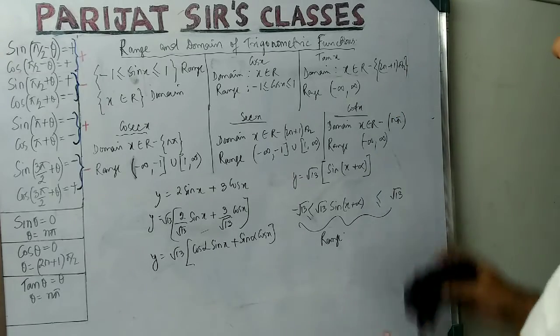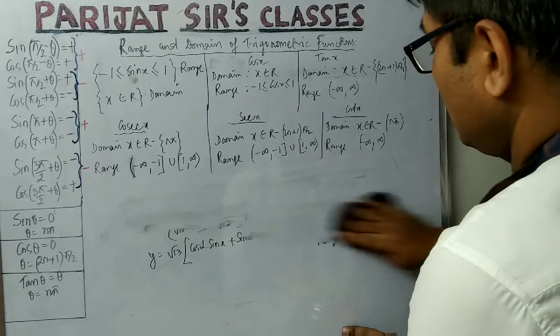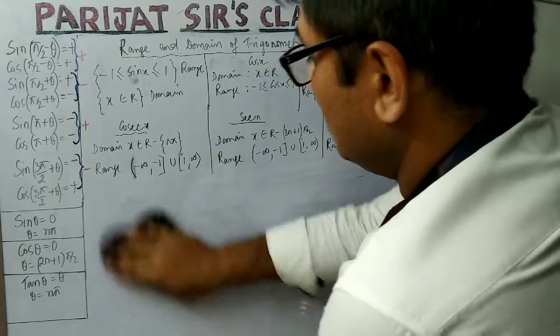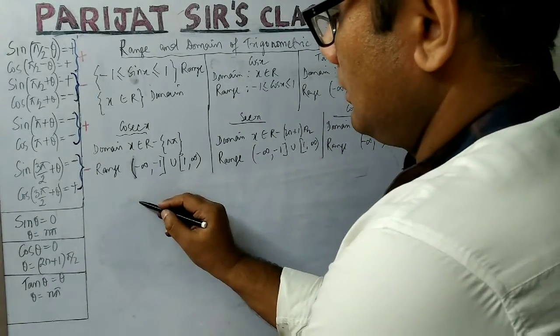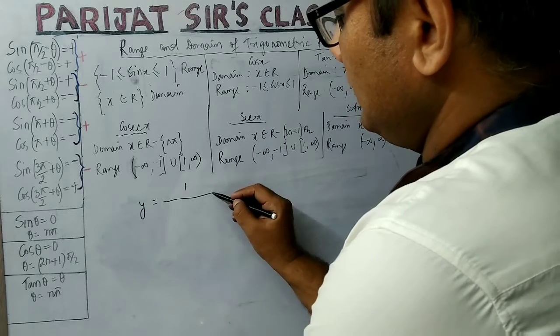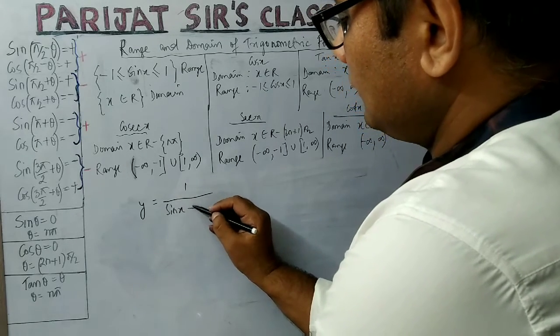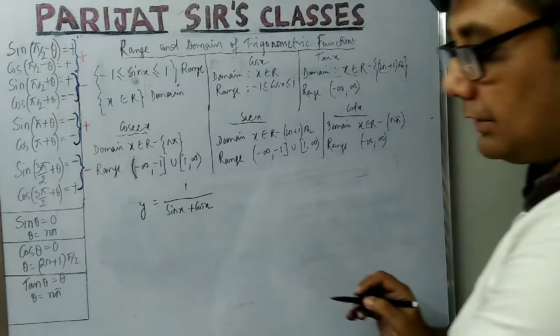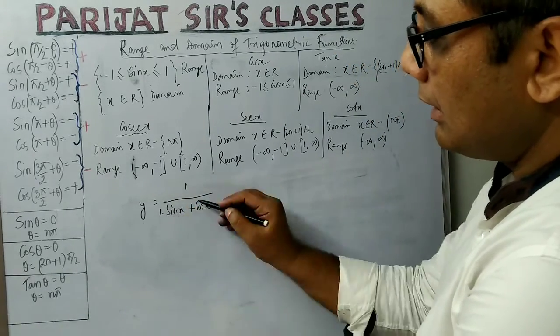Okay. Now I'll show you one more. Suppose the function is 1 by (sin x plus cos x). So the numbers are 1 and 1.